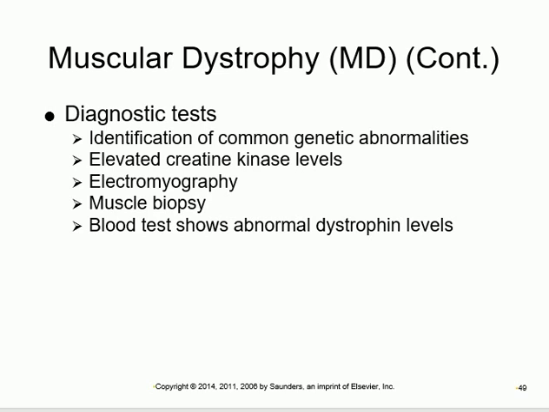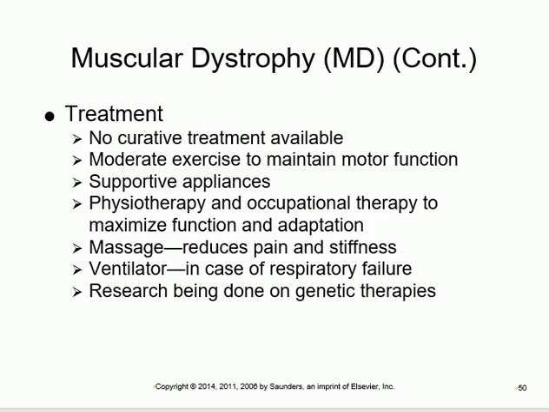Diagnosis, again, this is autosomal recessive, so they need to check the genes, genetics. And they can do EMG and muscle biopsy to diagnose the condition. Treatment is all supportive. Just remember it this way. There is nothing really that can treat this condition. Physiotherapy is one thing.